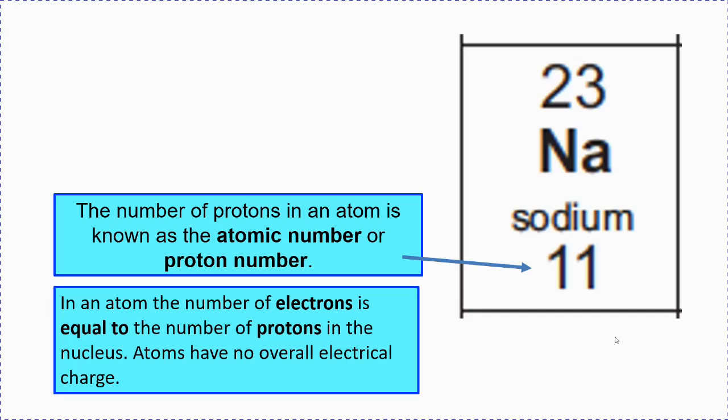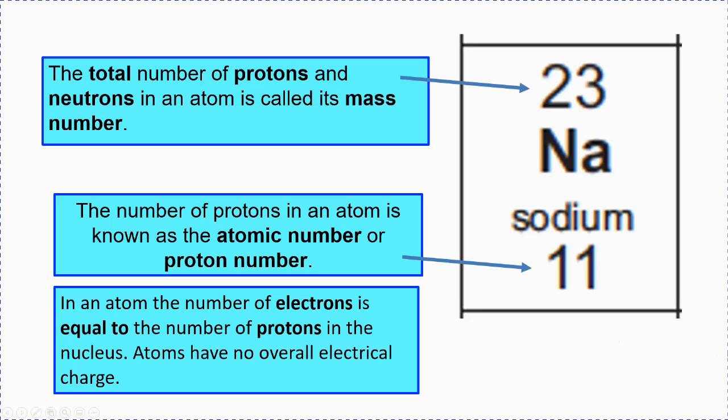By default, because the electrons and the protons have to be the same number, it also tells me how many electrons there are. So in sodium's case, it has 11 protons. That must mean that it has 11 electrons as well. Okay, so they have to be the same number.